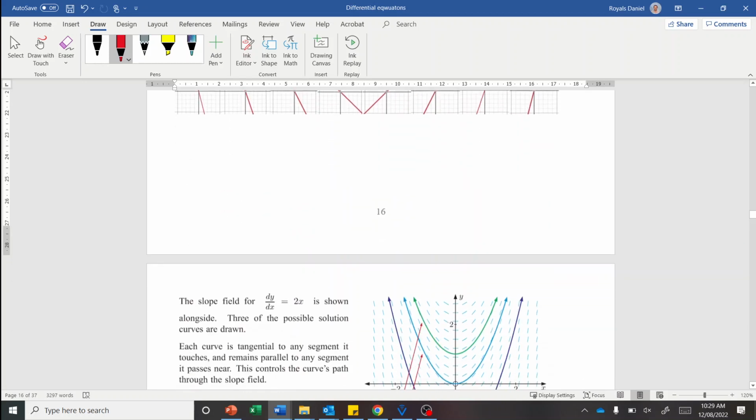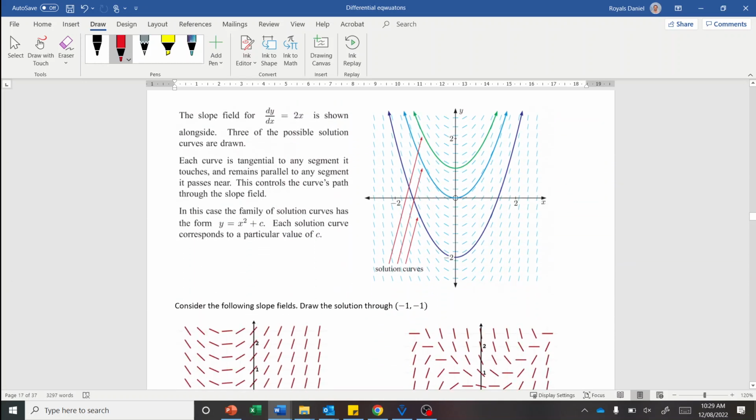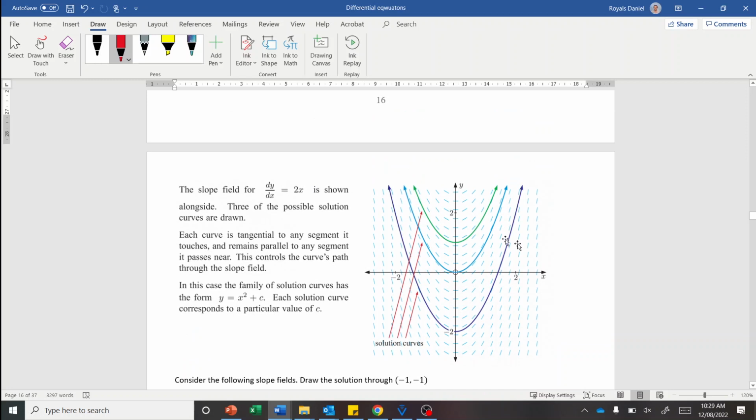So let's scroll through to the next part. So what we can see here, this is from the textbook, the slope, this is the curve 2x, all right? So for every value along there, they've got all these dotted lines that tell you the slope for any value of x. And notice how there's multiple solutions. All of those are potential solutions.